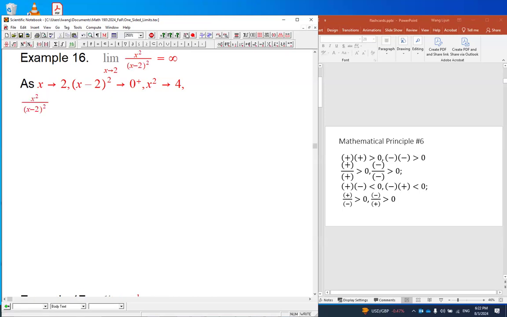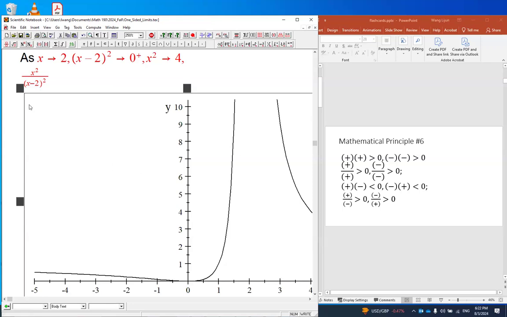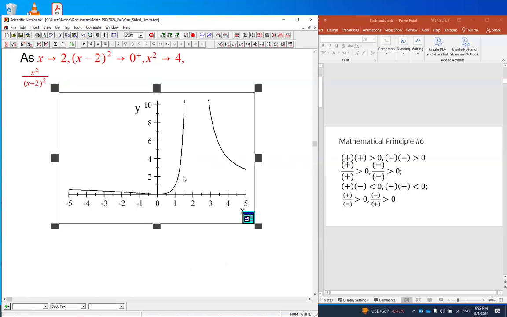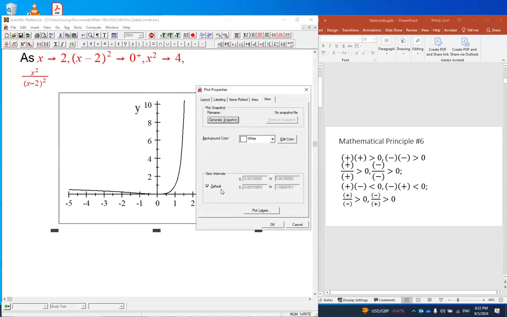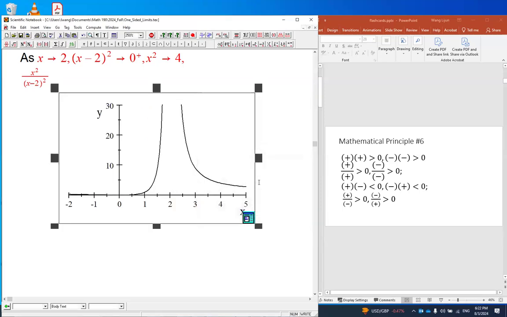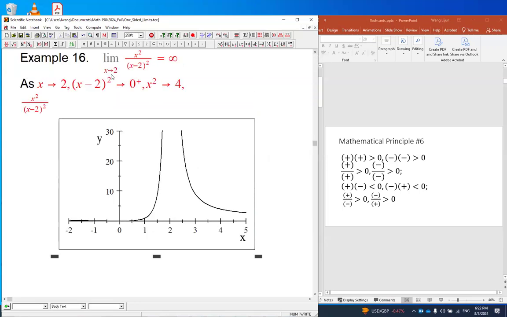And this analysis, if you want to see the picture to confirm, right? To confirm in the neighborhood of 2, and you get this picture, right? Then the whole thing is going to be positive for sure. Okay, the whole thing is going to be positive because you have something squared in the numerator, something squared in the denominator.